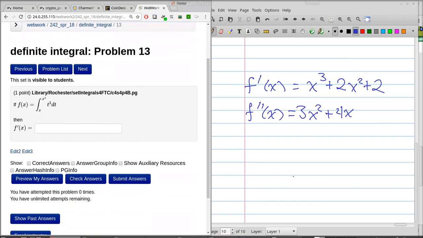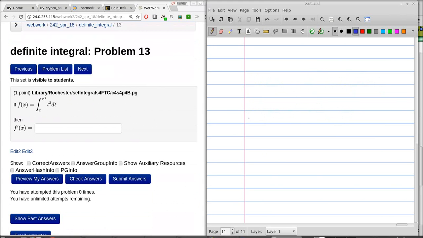Oh no, this is that hard kind. You have to break it into two parts. So it's equal to the integral from 0 to x to the 4th of t cubed dt minus the integral from 0 to x of t cubed dt. That's what f of x is equal to.